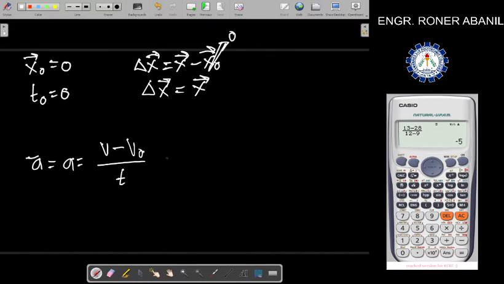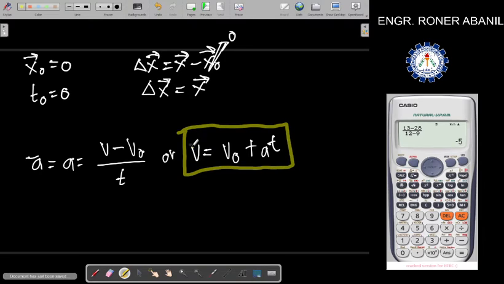Or we can say that v final is equal to v initial plus at. Okay? And please take note of this formula, because it often appears in board exams. This formula is called constant acceleration. So please always remember that formula.